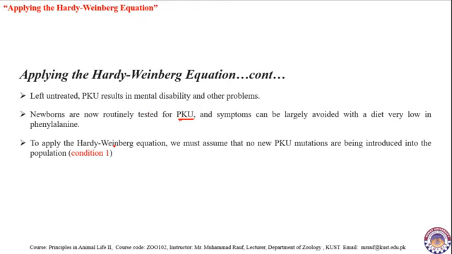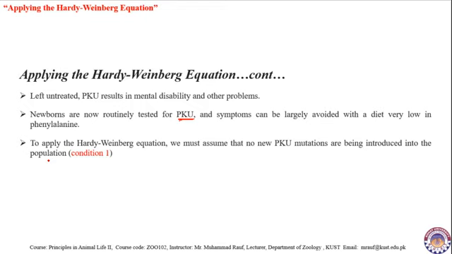To apply the Hardy-Weinberg equation, we must assume that no new PKU mutations are being introduced into the population. So now we are going to apply the Hardy-Weinberg equation to the allelic and genotype frequencies for this particular condition.